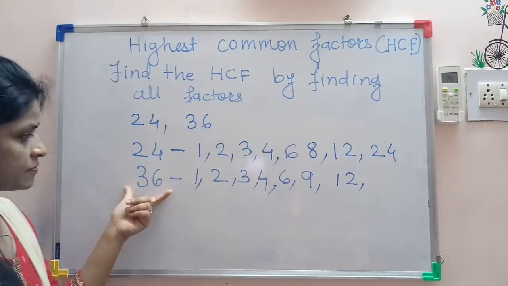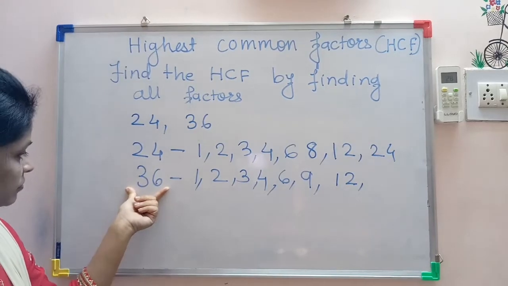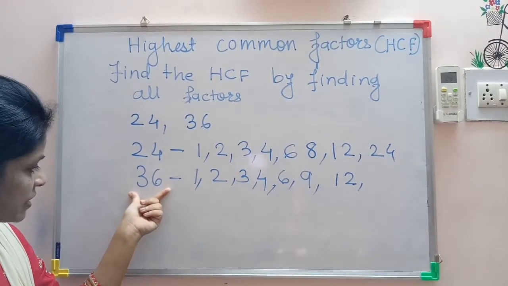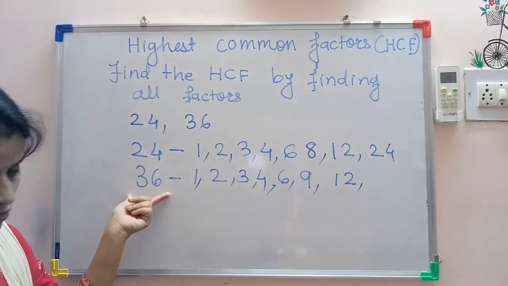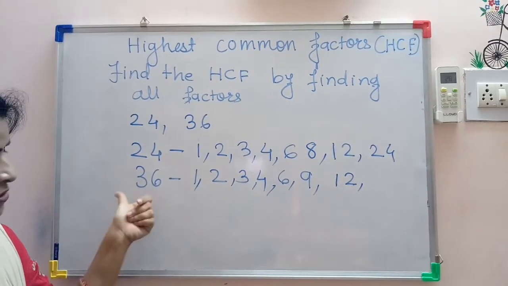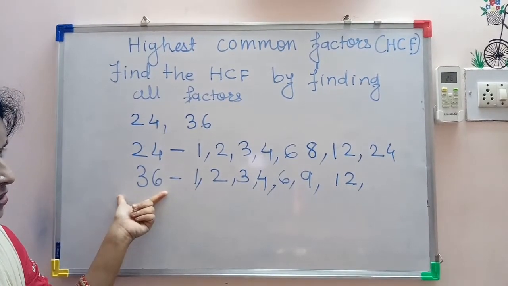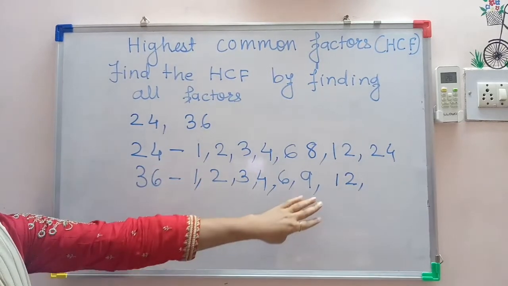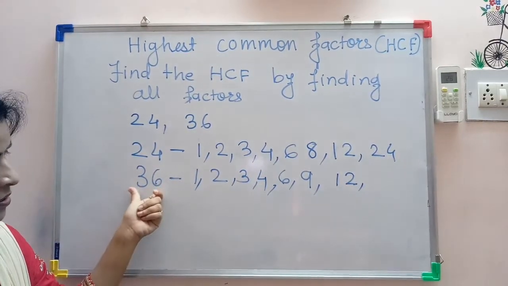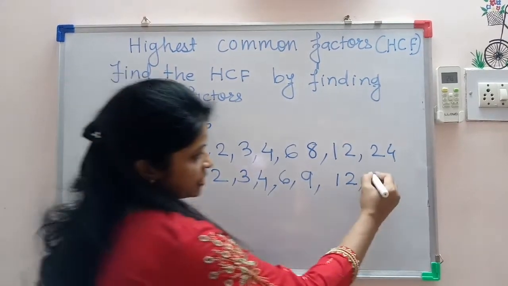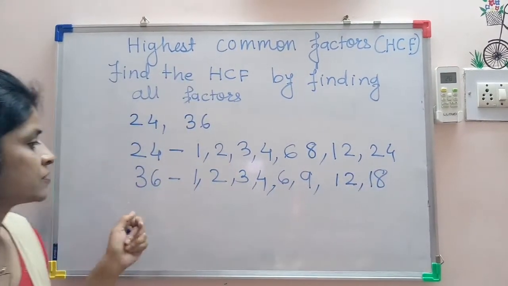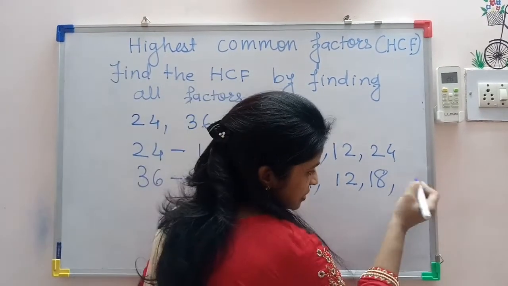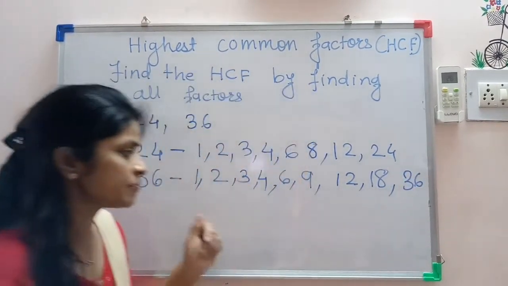After that it does not come in the table of 13. 14 is not the factor. 15 is also not the factor. 16 is also not the factor. It does not come in the table of 17. After that, 18 is the factor. 18 2s are 36. After that, it will come in the number itself.